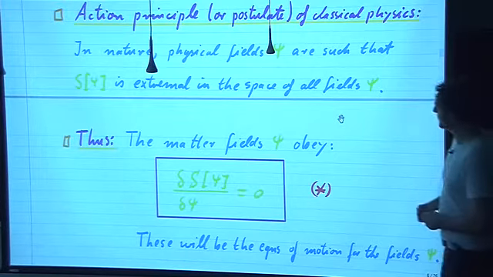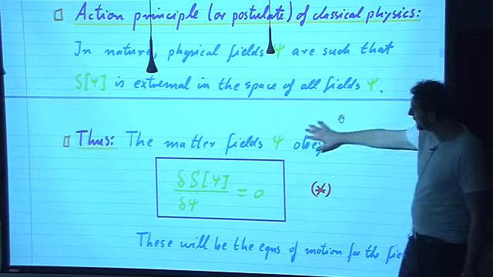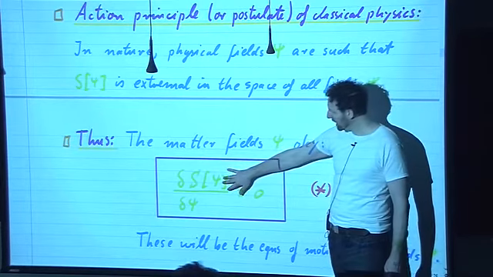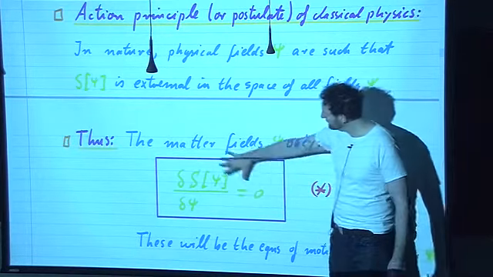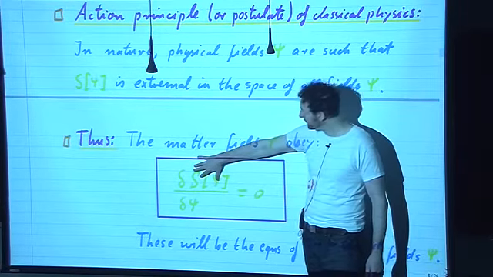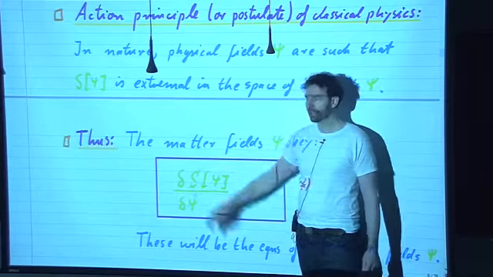But in classical physics, the action principle simply says that the evolution of the matter fields psi is such that this equation holds, such that the action is extremal with respect to variations in the matter fields.